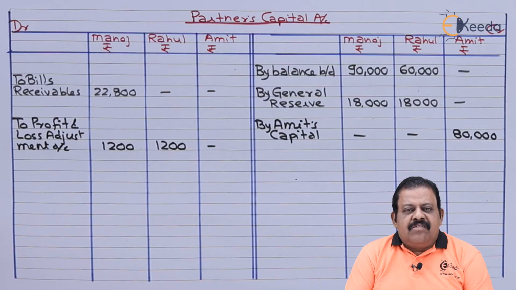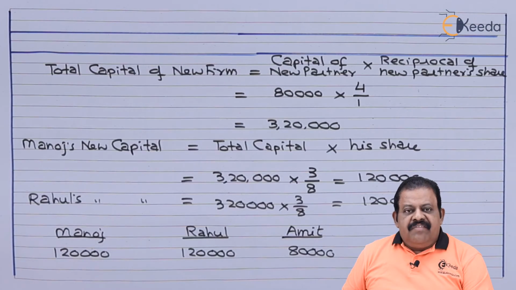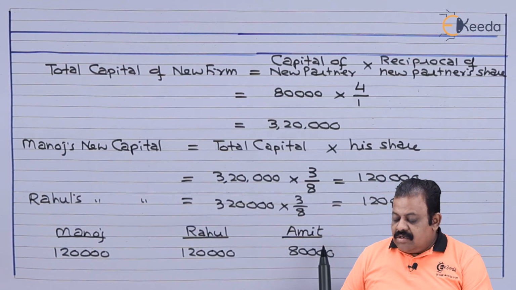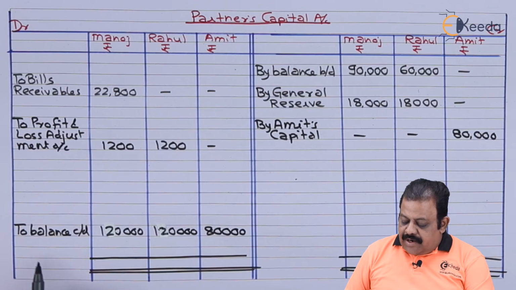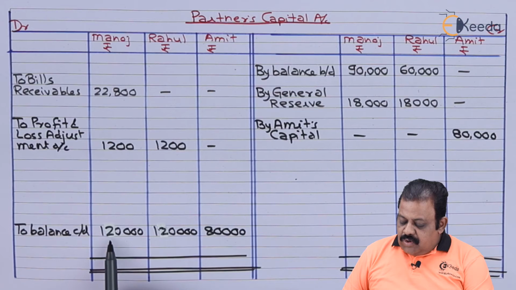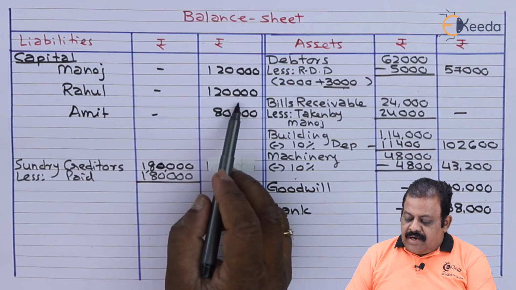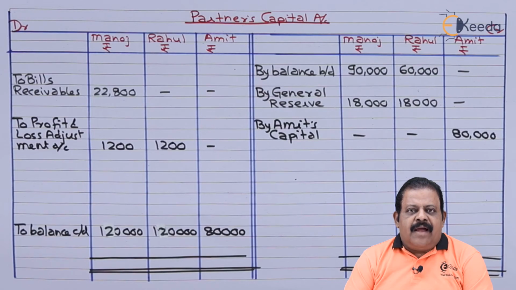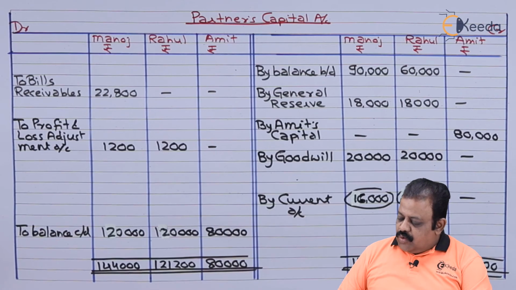Now we can close partners' capital accounts. As per our working note, revised capital of partners: Manoj 1,20,000, Rahul 1,20,000, Amit 80,000. Partners' revised capital are recorded over here to balance carried down. Partners' capital accounts are closed.